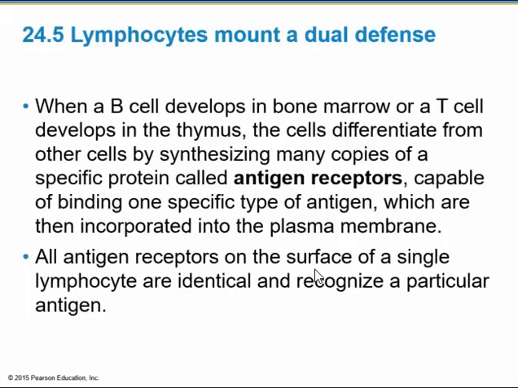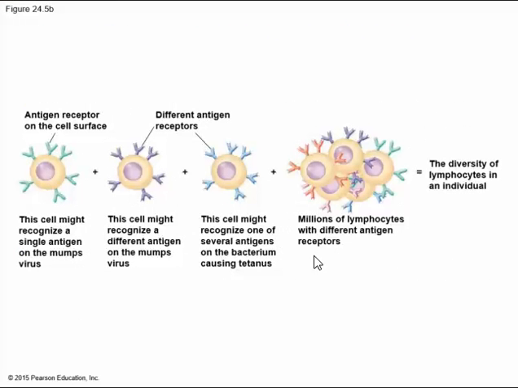Now, all the antigen receptors on the surface of a single lymphocyte are identical, and they recognize a specific antigen. And you have many different types of these cells in your blood and in your lymphatic system.